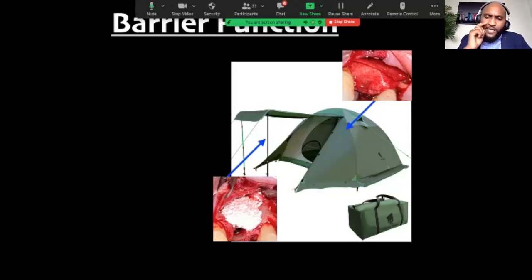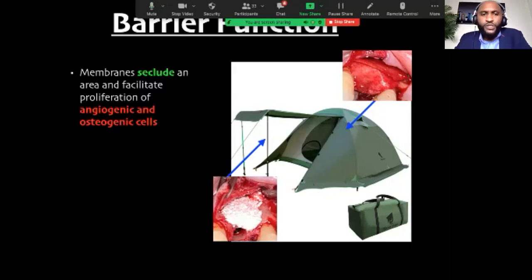So let's use this example of a tent, whereby the membrane, in this case, is analogous to the canvas of your tent, and bone is the tent pole. In other words, it is a membrane that we use to seclude an area where we only want bone cells to populate.